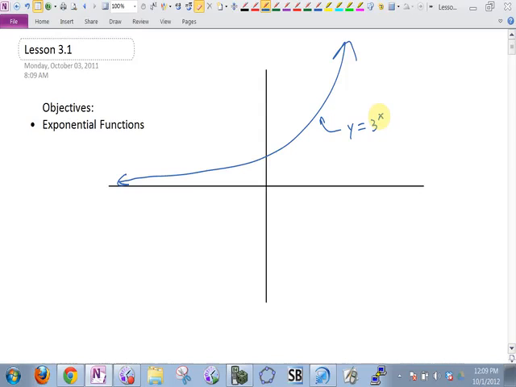Whereas in a power function like x to the third, your base is the variable and your exponent is constant. Okay? So that's a basic exponential function. What are some real-life examples of exponential functions?